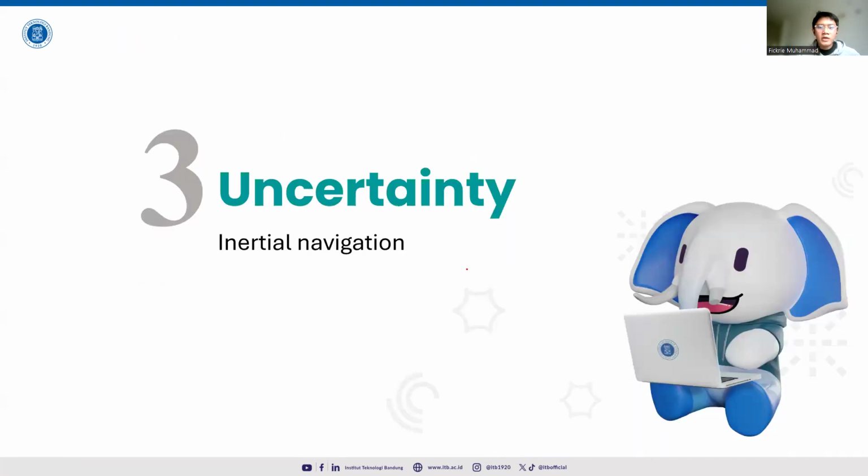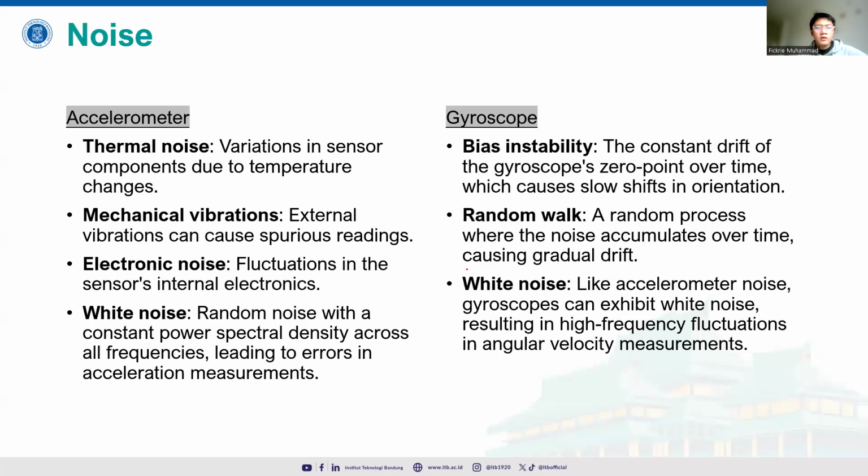Next, we're going to talk about the uncertainty. Of course, we know about the noise and the bias, right? The noise and bias are the most common uncertainties found in the IMU, in the accelerometers and the gyroscope. For example, in the accelerometers, there may be thermal noise, like variations in sensor components due to temperature change. It has to be noted that if you're using the sensor continuously, of course, the sensor will get hotter, right?